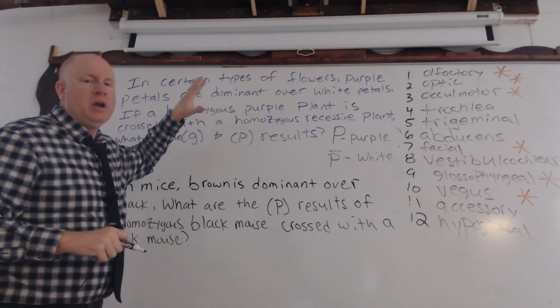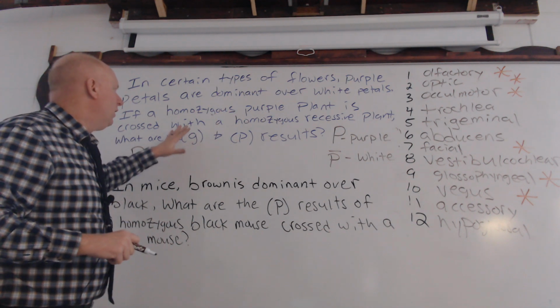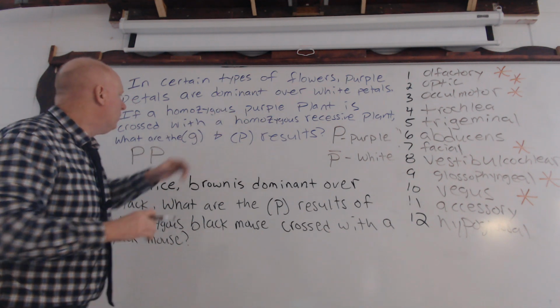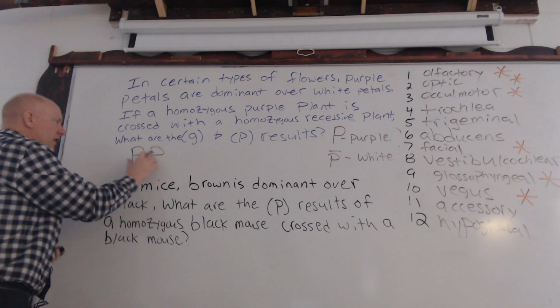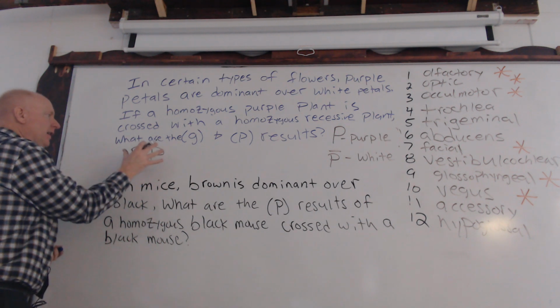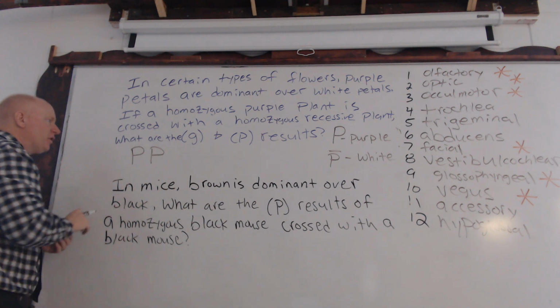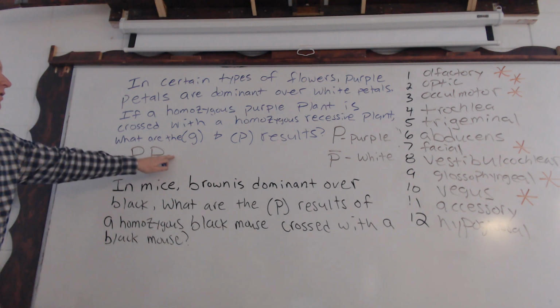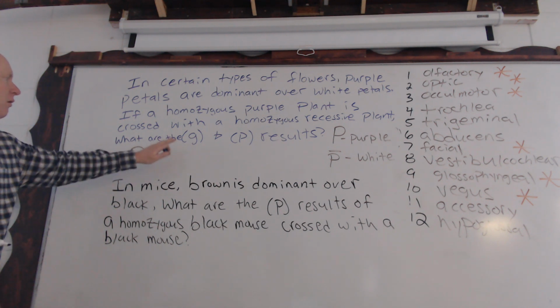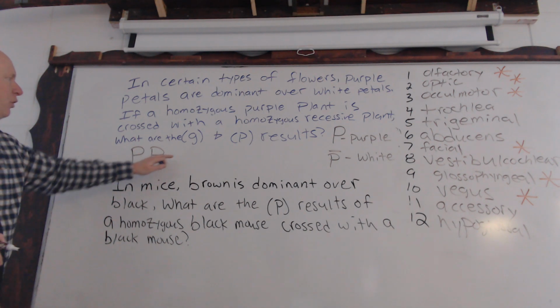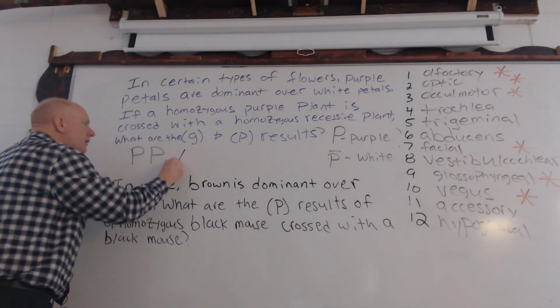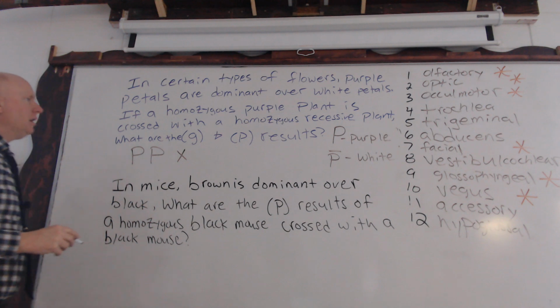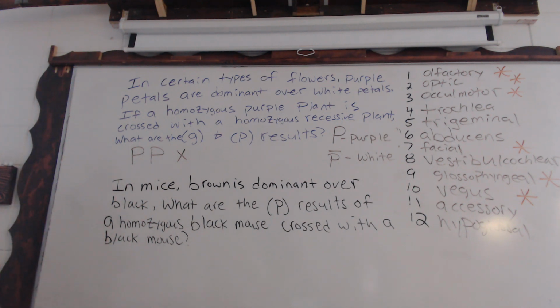So therefore, we know that both of these alleles, and two alleles make up a trait, if this is homozygous dominant or homozygous purple, both alleles are capital P, crossing a homozygous recessive plant.